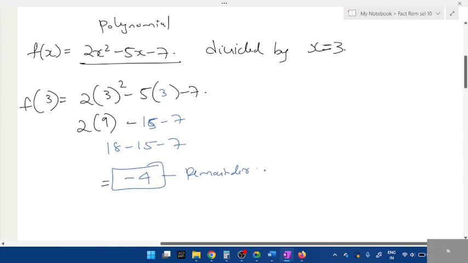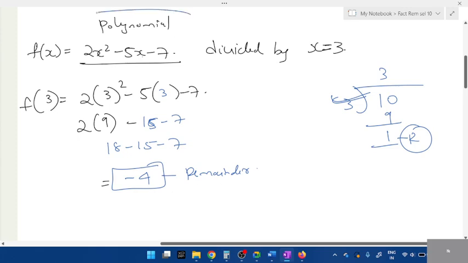So where do we usually get a remainder? Division. We know normal division. If I divide like this, what's the remainder, students? 3 threes are 9. Remainder is 1. This is for normal numbers. This kind of division and remainder, we use for polynomials. For polynomials, there are two ways to find the remainder.